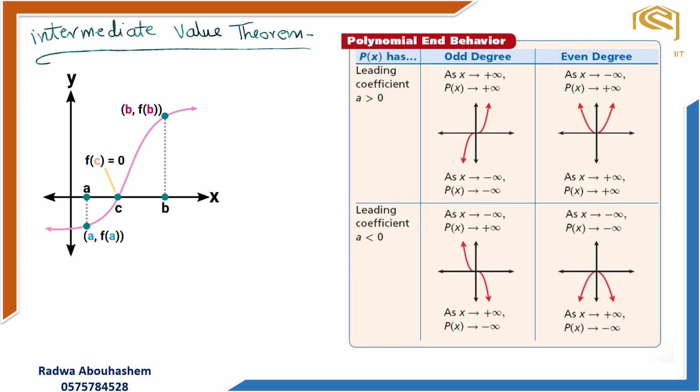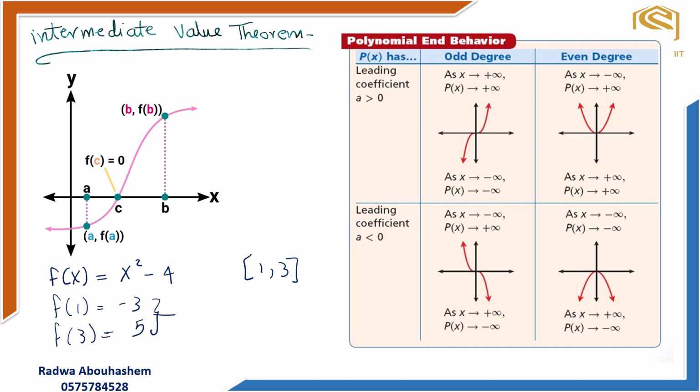For example, if you have the function f of x equal x power 2 minus 4 and it's continuous over the interval 1 to 3. Let me substitute. Function of 1 gives you negative 3 and function of 3 gives you 5. As you see, different signs. So this means between 1 and 3 there is a solution for the function, or zero.